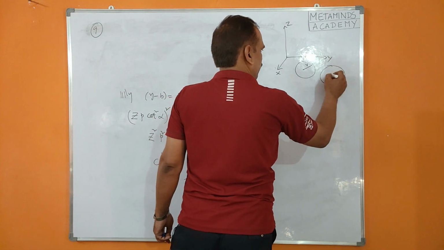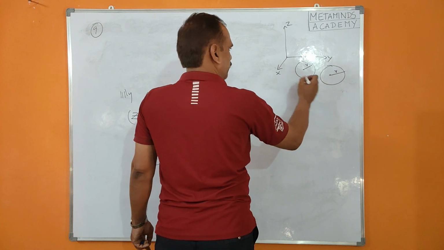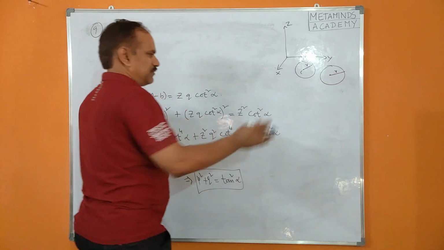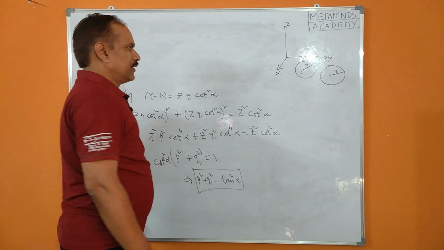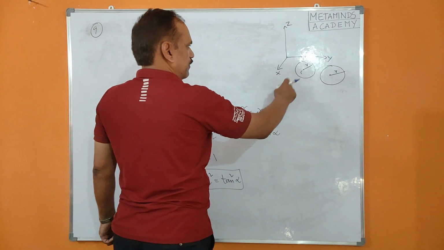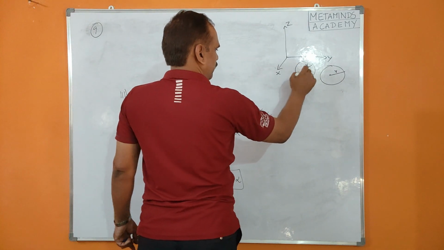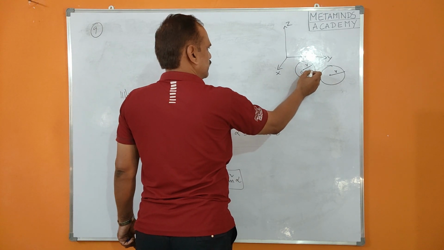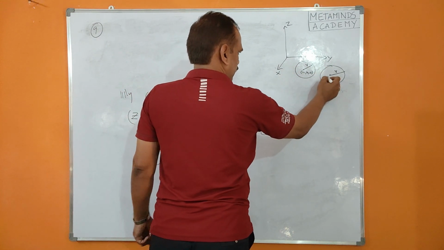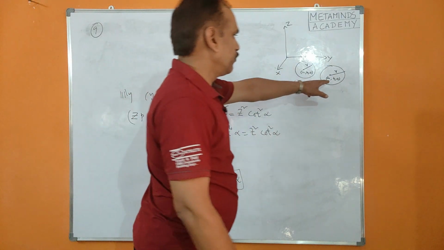We have a family of spheres here. All the spheres are having the same radius, but the center of each sphere changes. Because the centers are all on the xy plane, c must be 0. That means the z coordinate must be 0. A comma B comma 0. Right? A, B, 0. A1, B1, 0. A2, B2, 0.